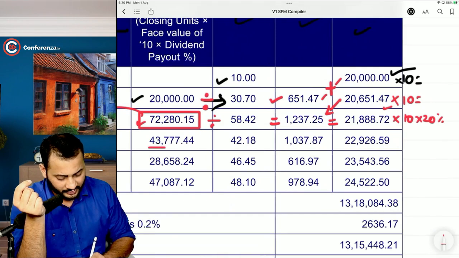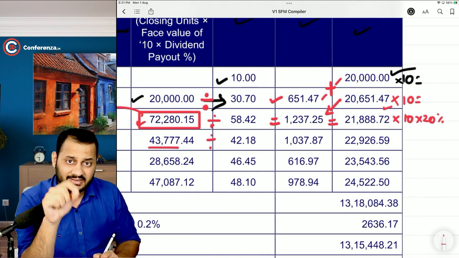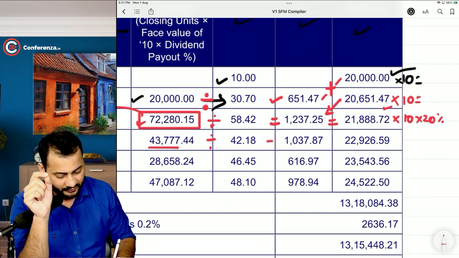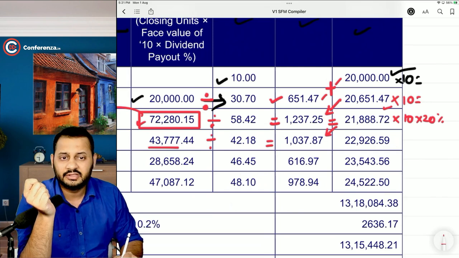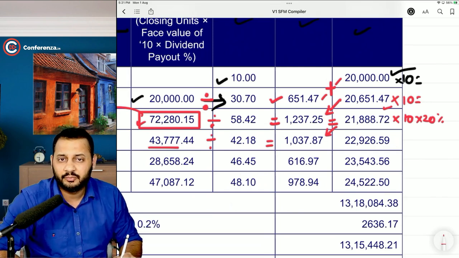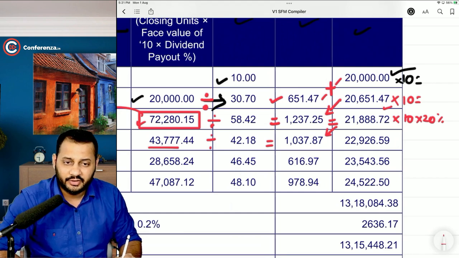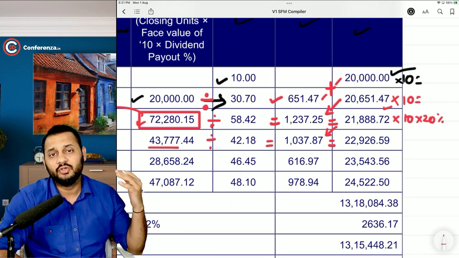That will come to 43,777.44, divided by that day's NAV 42.18, will give you the additional units, which will be added to the previous or the opening units, which is 21,888.72, and the total number of units will become this much.